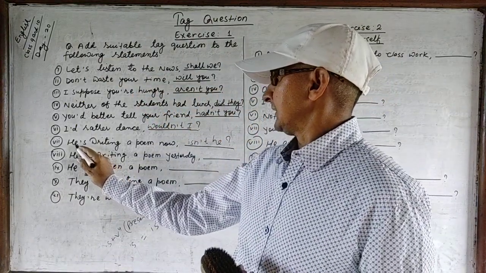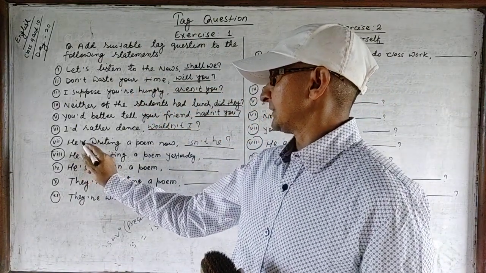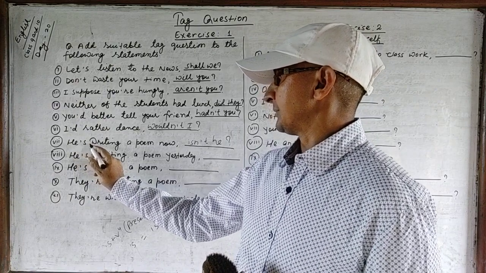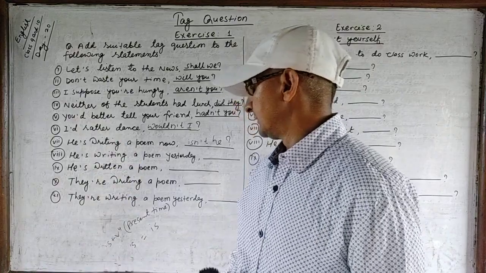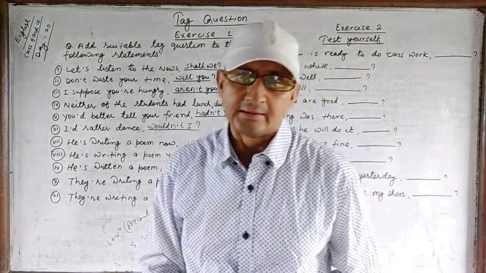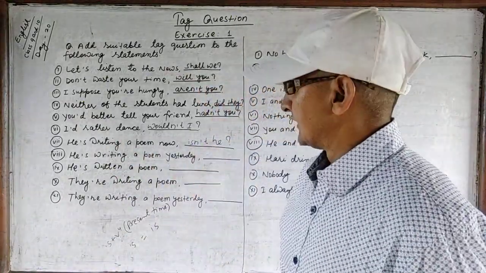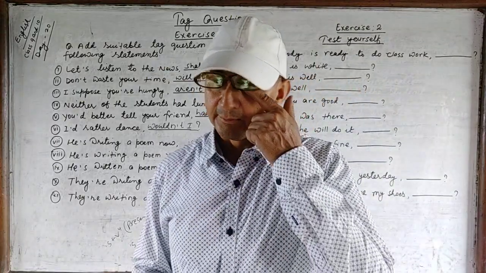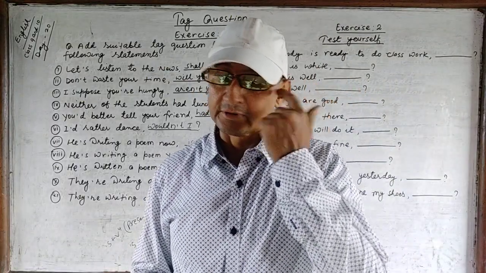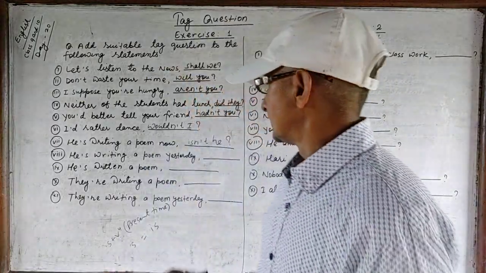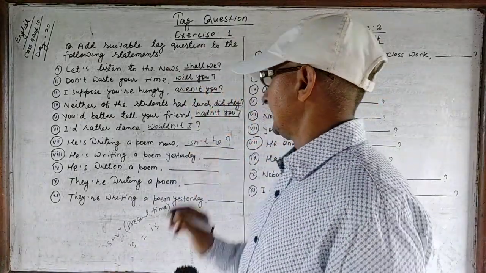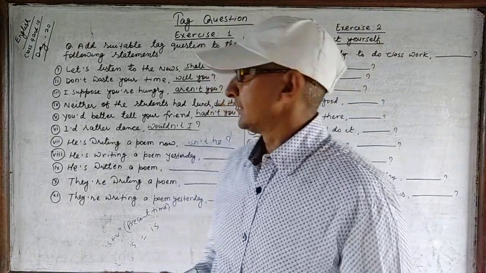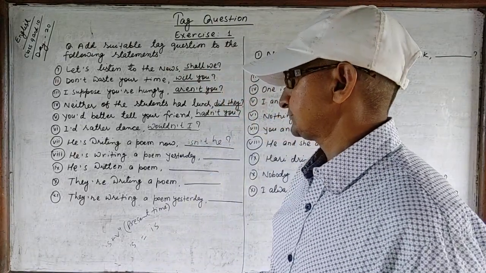If the subject plus apostrophe s, after apostrophe s, there is V4 showing the present time, the apostrophe s becomes is. So we use is to make the tag. So isn't he is the tag of this question.